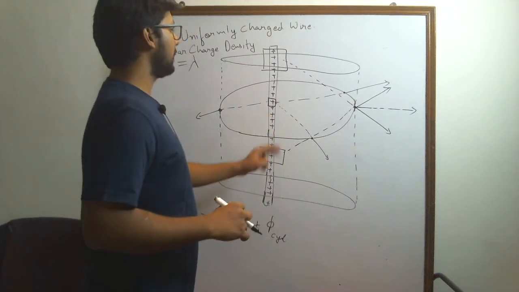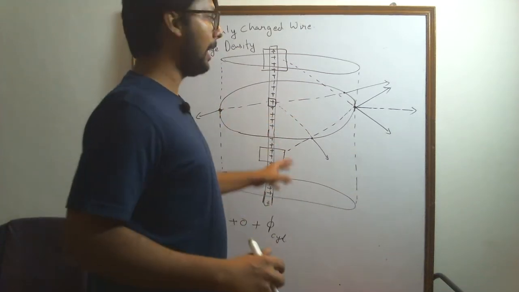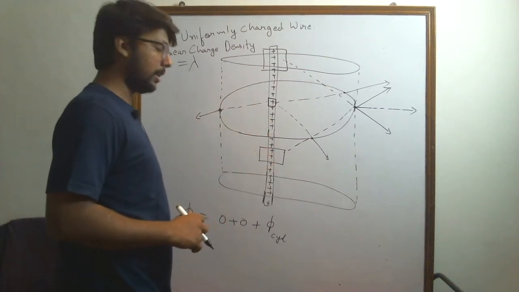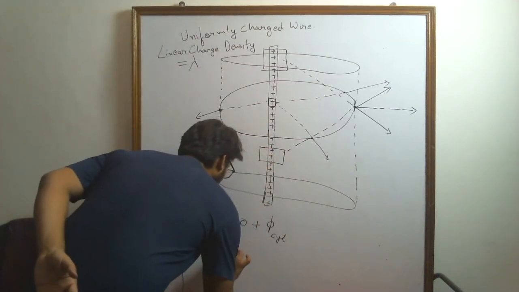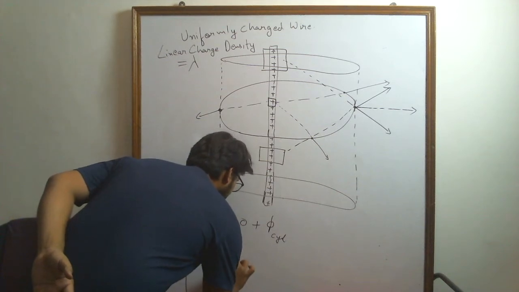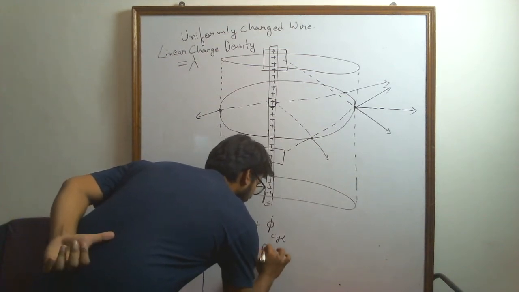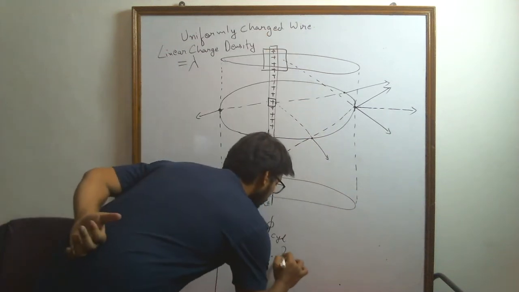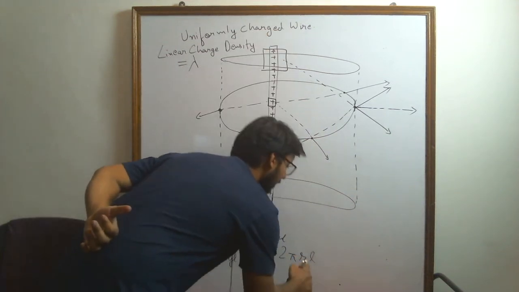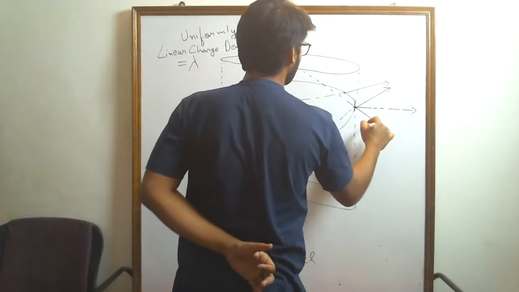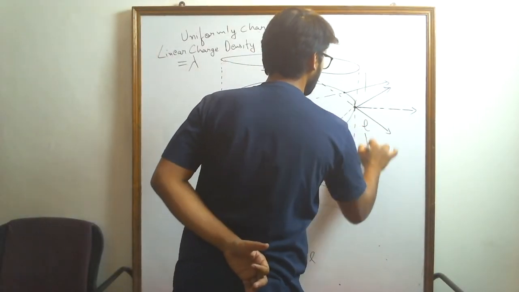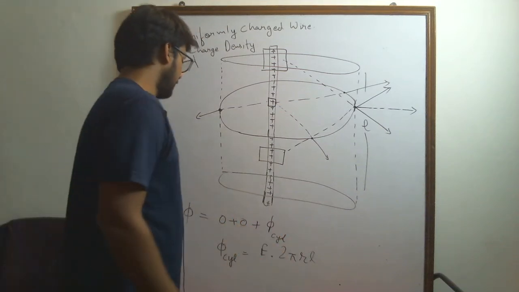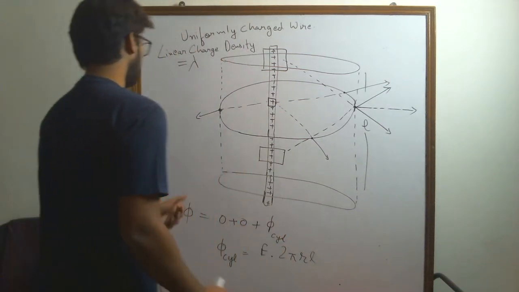What is the area of this? 2 pi r L. L is the length of this wire encapsulated in this. So the flux of the cylinder is equal to the electric field, which is exactly what I want to find, times the area 2 pi r L. L is the length that I am taking for this cylinder. Therefore, this becomes my flux.